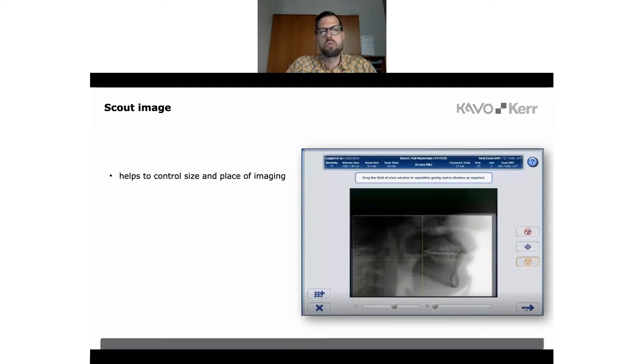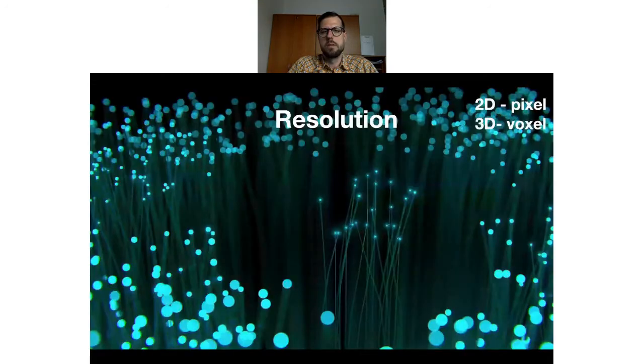It helps to control the size and the place of the imaging, and it's a lower dose compared to the intraoral image. It is useful when you are doing a small field of view, because then you may not be sure where you are. This is very helpful, because it would be very bad if you had to take another CBCT.